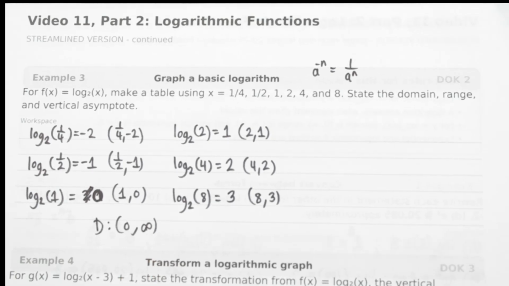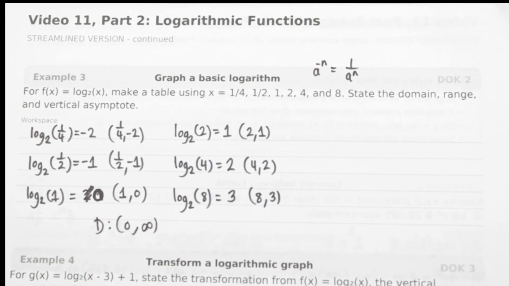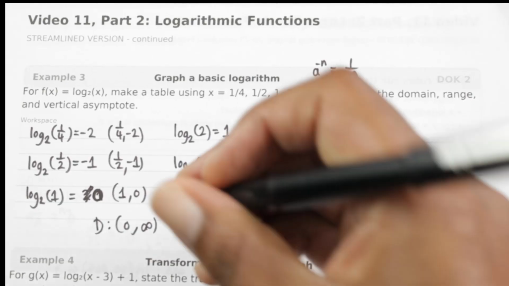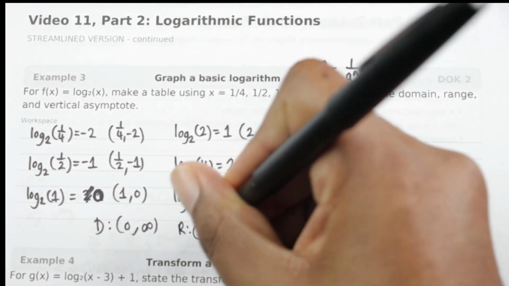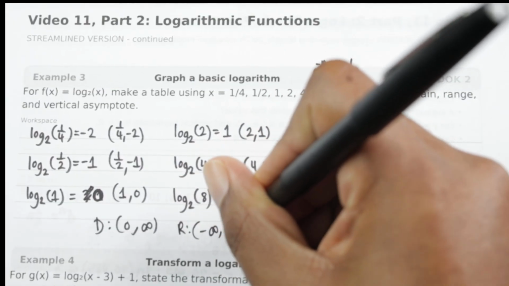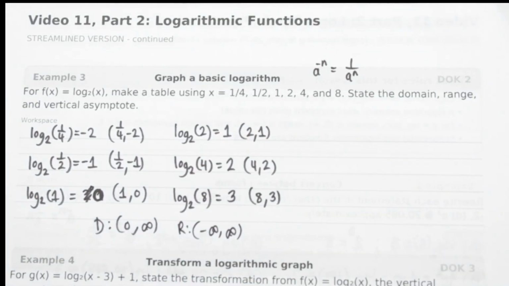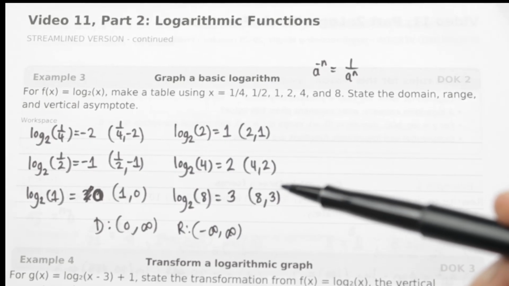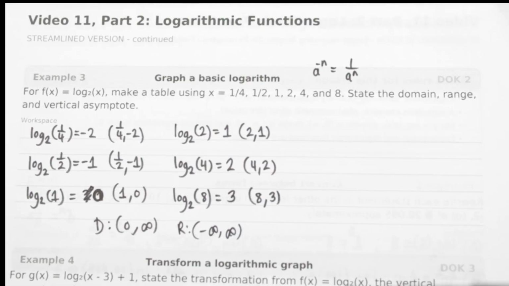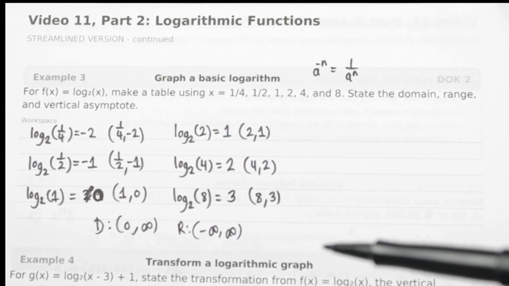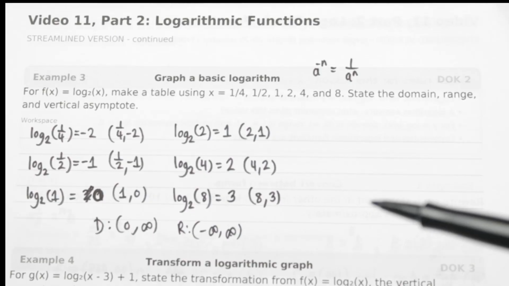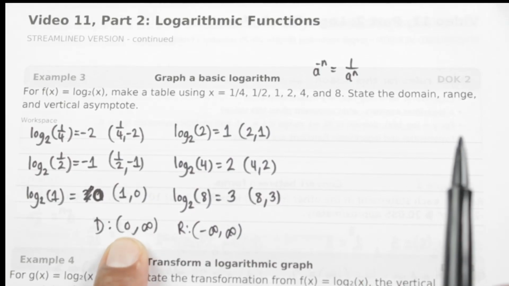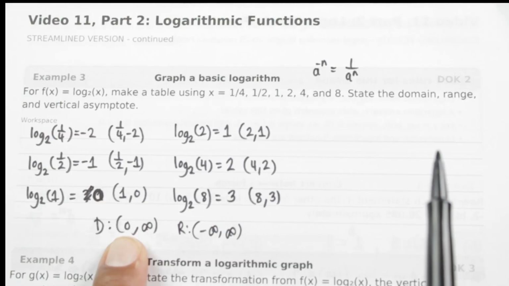Now, the outputs, which are the range, can be any real number, negative infinity to positive infinity, okay? So the graph approaches the y-axis but doesn't touch it. So the vertical asymptote is x equal to 0. That is the vertical asymptote, right?